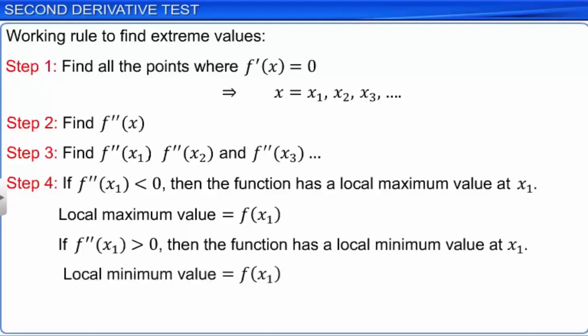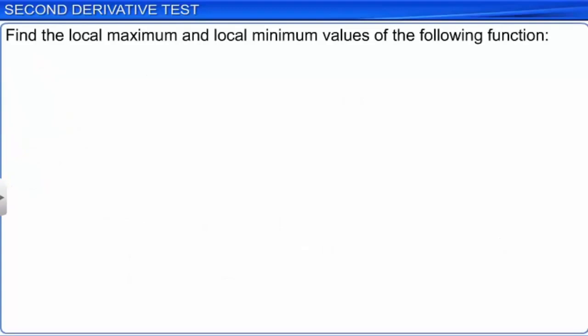Let's learn this with the help of an example. Let f of x be a function given by 2x cubed minus 21x squared plus 36x minus 20. We have to find the local maximum or local minimum values of this function. On differentiating with respect to x, we get the derivative as 6x squared minus 42x plus 36.